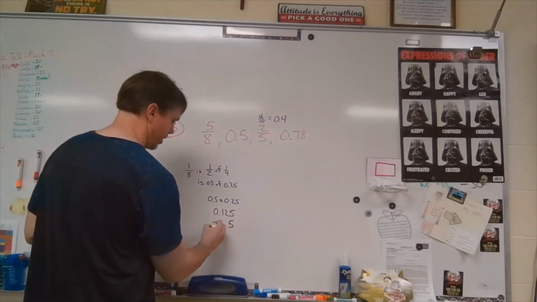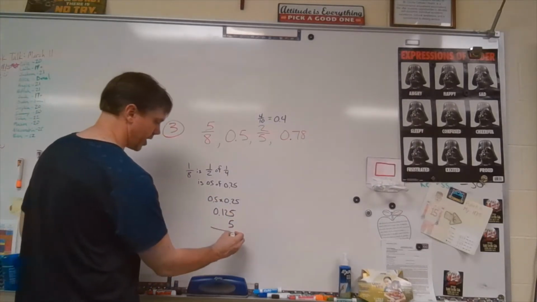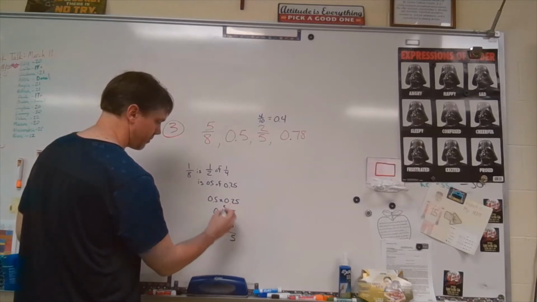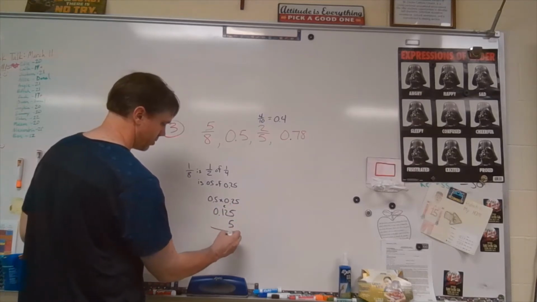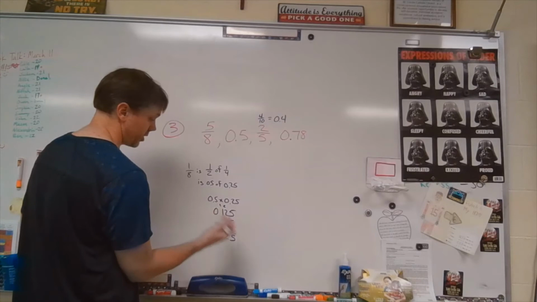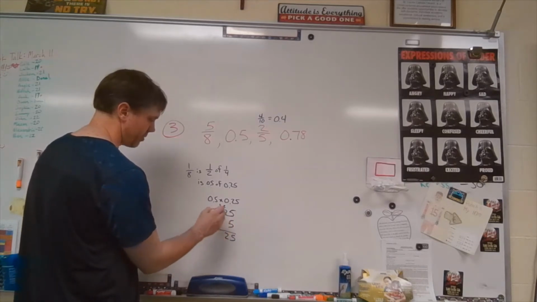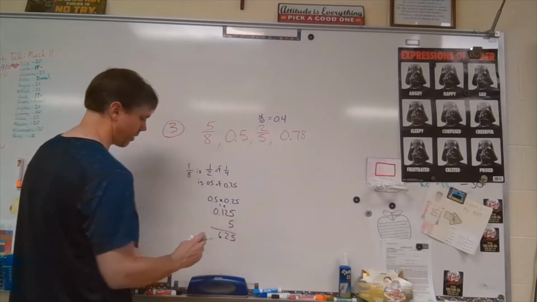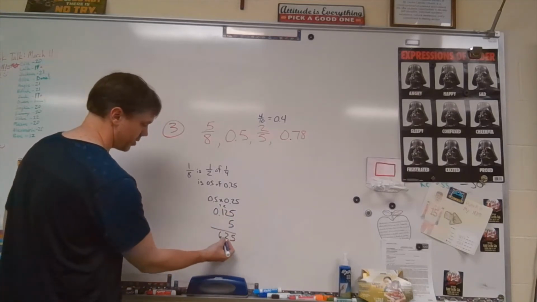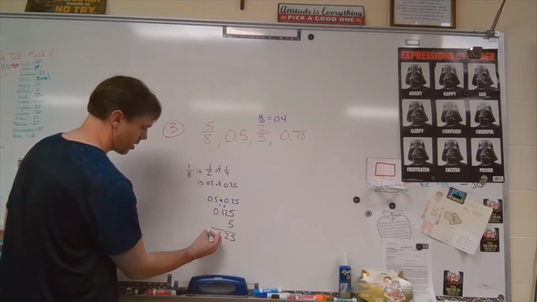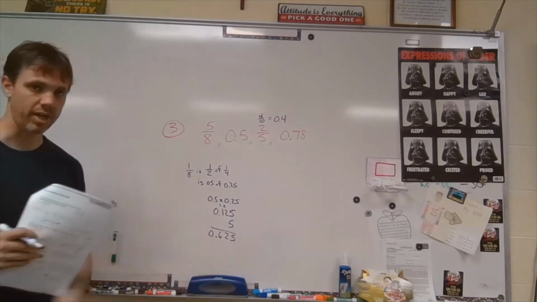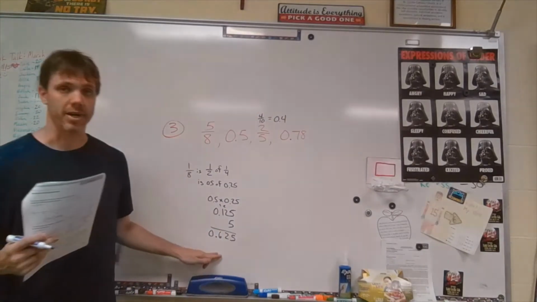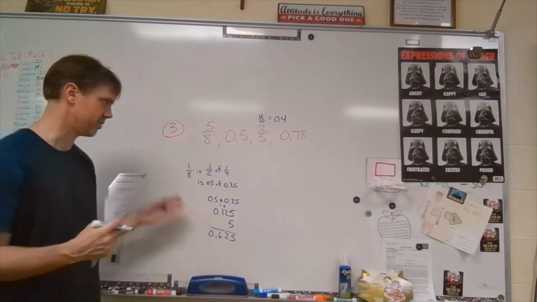So actually, let's just do that. 5 times 5 is 25, carry over 2. 5 times 2 is 10, plus 2, carry over 1. Sorry, it's 12, carry over 1. 5 times 1 is 5, plus 1 more is 6. We have 3 numbers to the right of the decimal point, which means we need to go over 1, 2, 3, so 0.625. So you could figure it out that way. That's one option, and that's right.